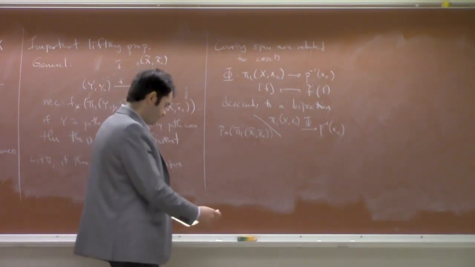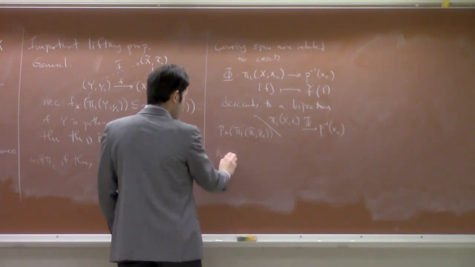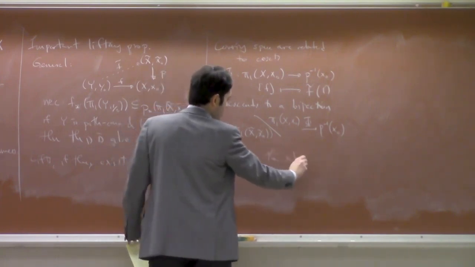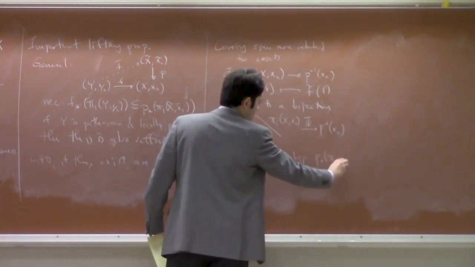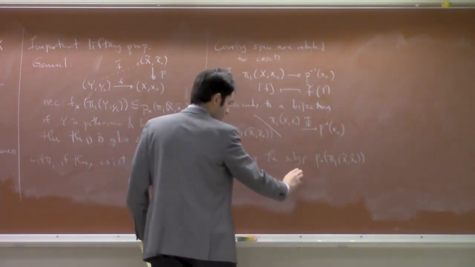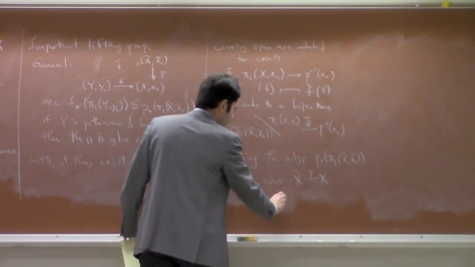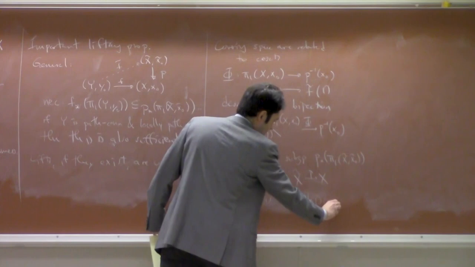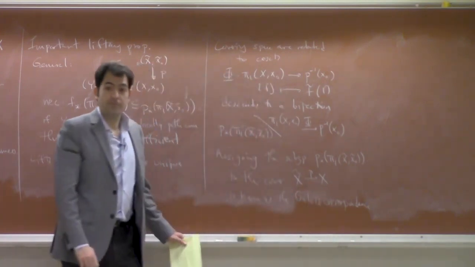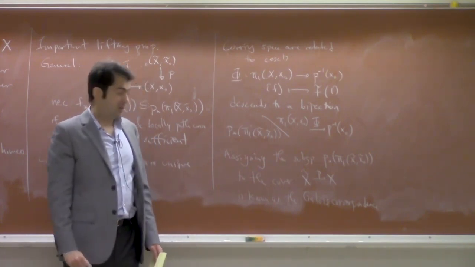So in fact, assigning the subgroup given by the image to the cover is known as the Galois correspondence.